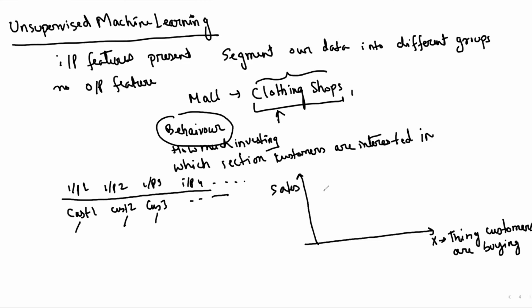Now based on this, there may be sales somewhere here, and there can be sales somewhere here. This is one category, let's say it's a kids section or something. Okay, let's assume. Now let's say there is sales over here.